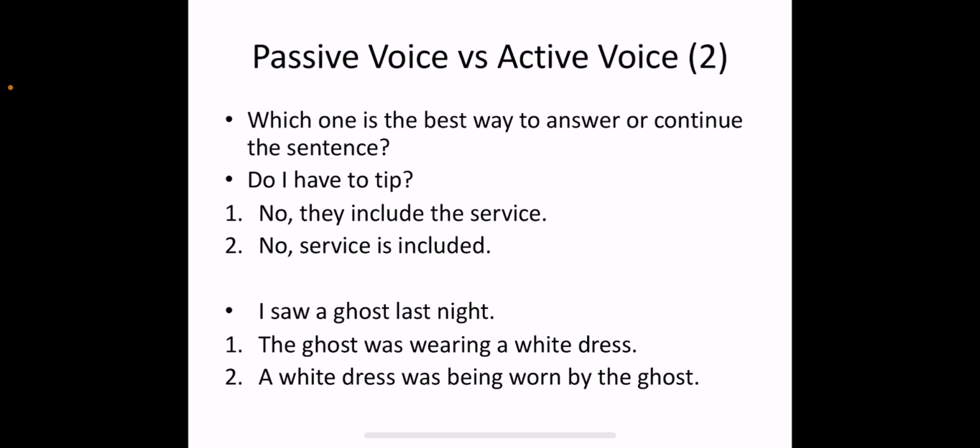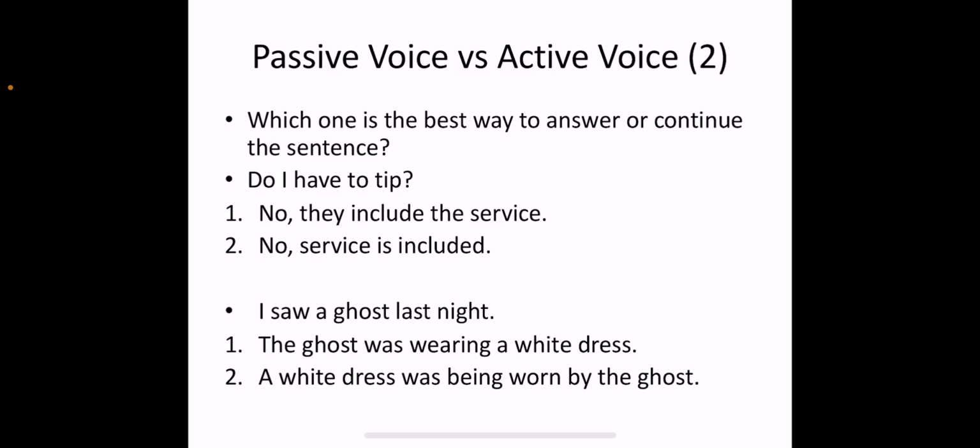In the second example, I saw a ghost last night. And I have two ways to continue. Number 1 or number 2. Number 1, again, is active voice. And number 2 is passive voice. Which one do you think is the best way to continue the sentence? You don't know? Are you confused? Or you got it?